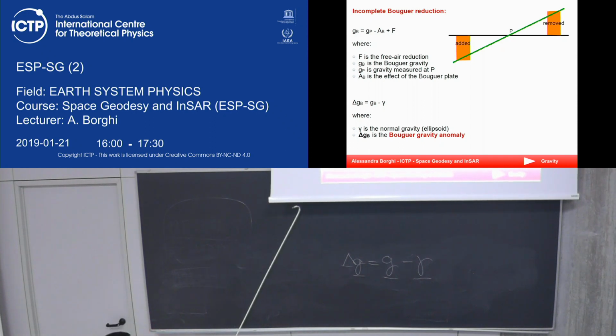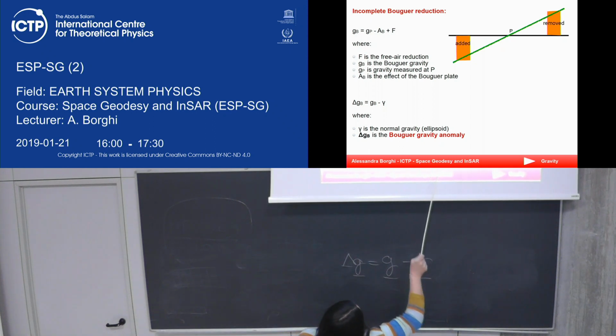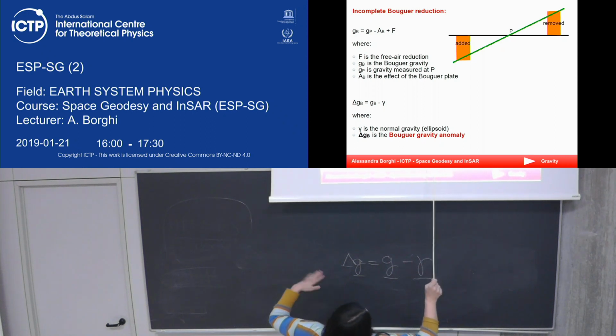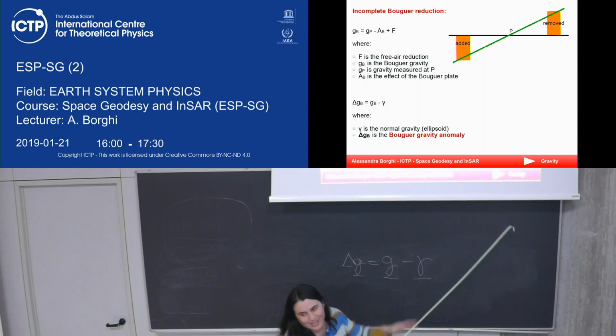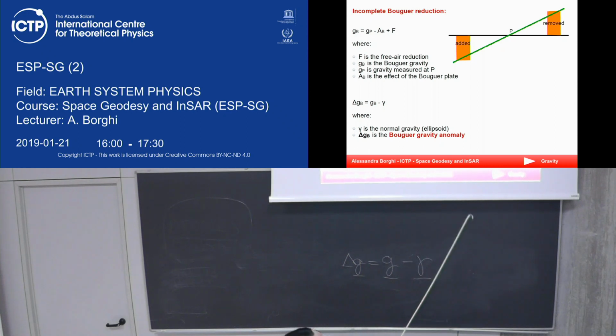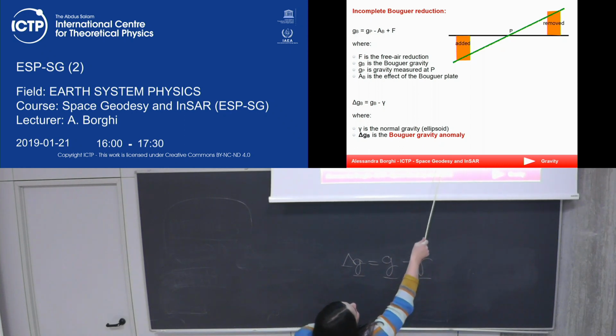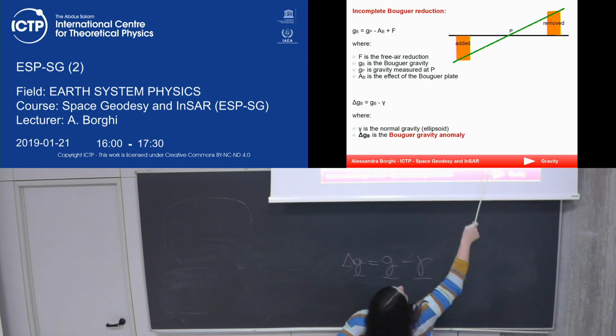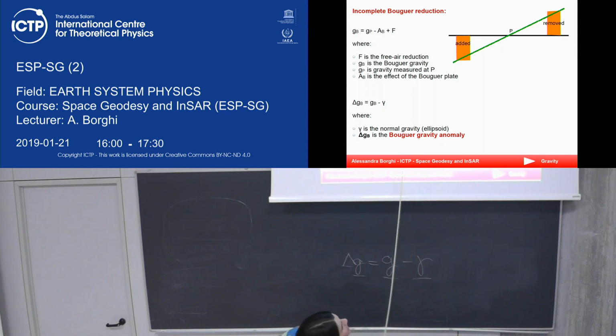Doing this, what happened is that, okay, this is the point. The green line is your Earth surface, your topography. You are on a sloping plane, more or less. And you have removed, in this case, here you have masses, and here you don't have masses.